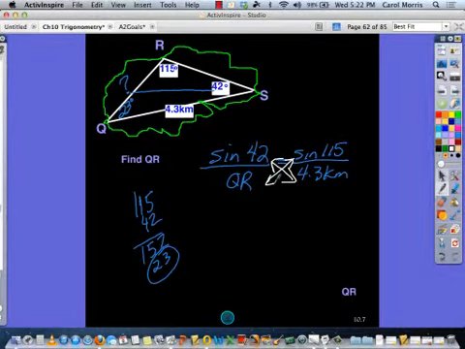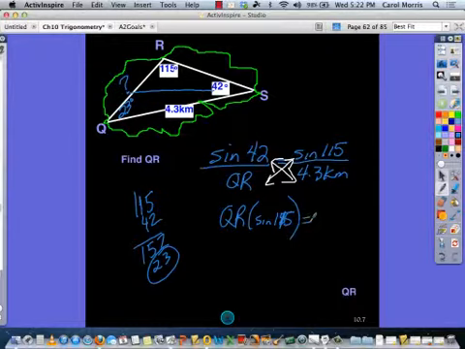Remembering that QR is our unknown, QR times the sine of 115, which will eventually have to go away, has to equal the 4.3 times the sine of 42. If we keep working here, then we want to divide both sides by that sine of 115.